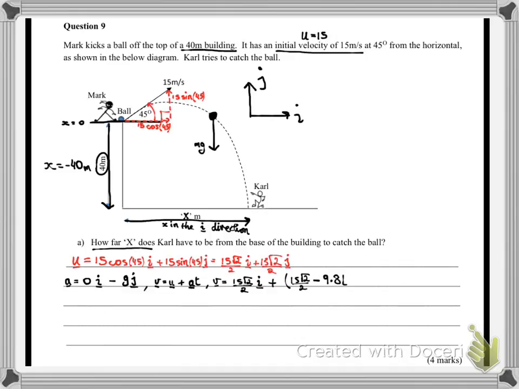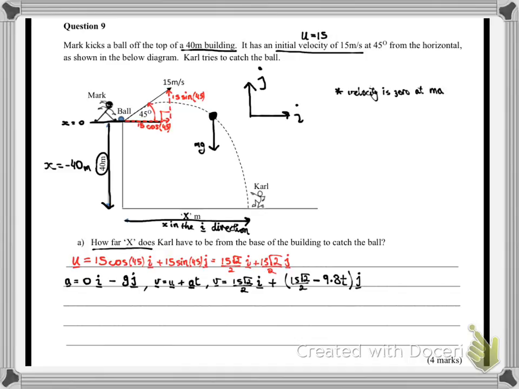So if you add them together, and then times by scalar t, we'll get this as our velocity vector. Having our velocity vector as such, you've got this nice little formula in the j direction. This is our u minus at, in the vertical.